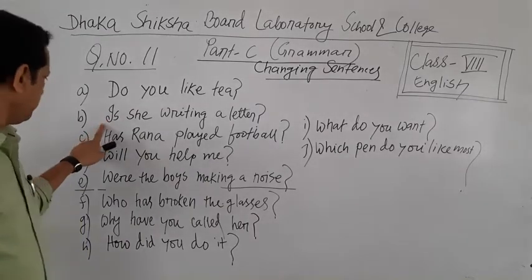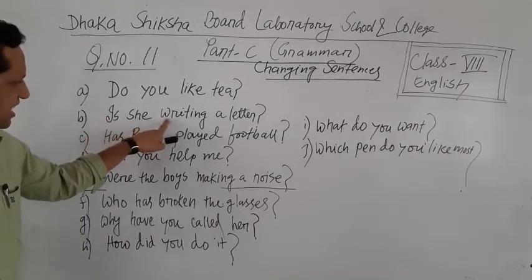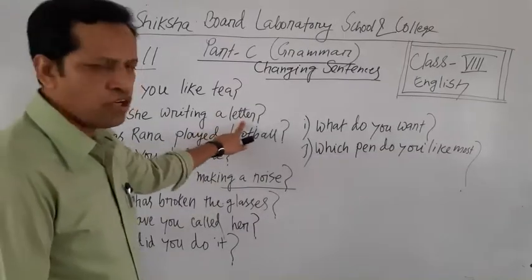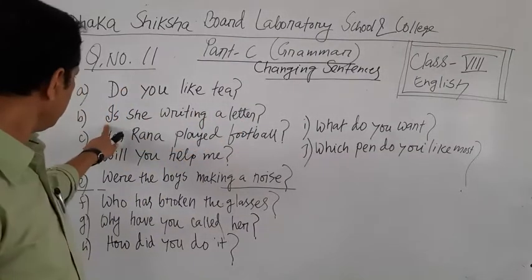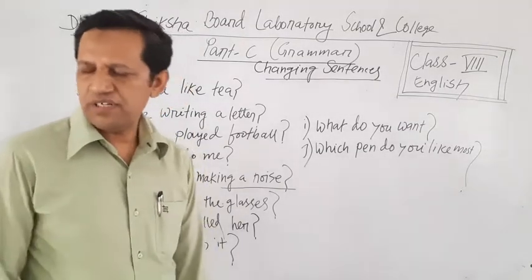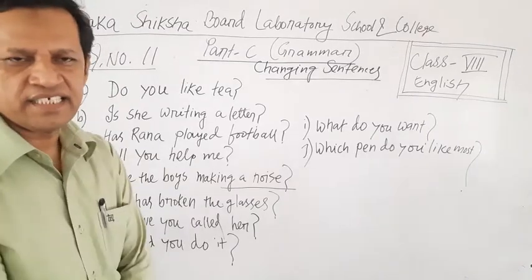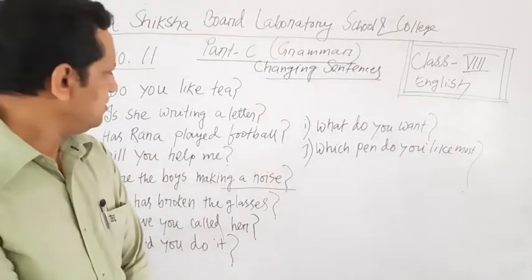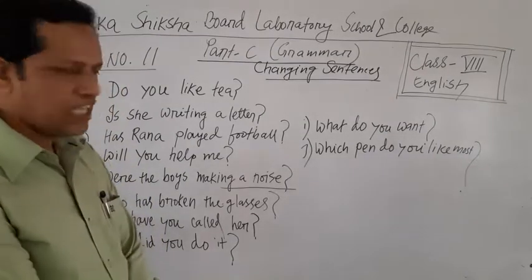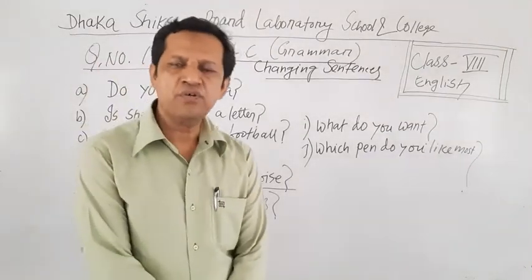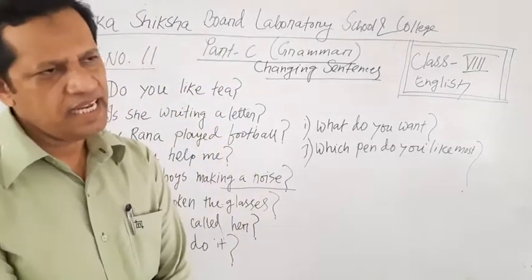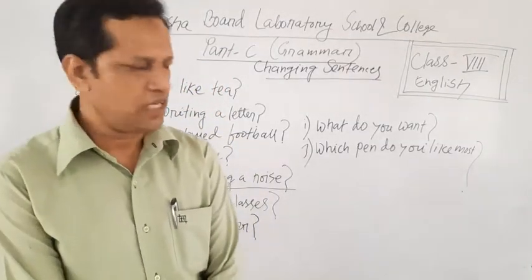Number B, is she writing a letter? Here, a letter is the object. You have to know that the sentence is present continuous tense. At the time of present continuous tense, we have to use am being, is being, are being as the helping verb.